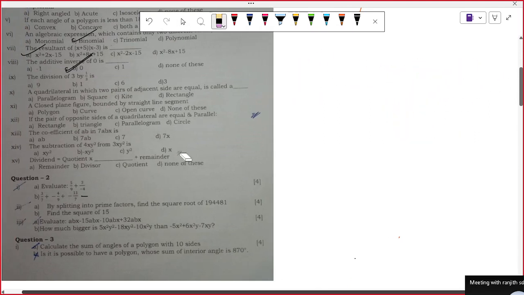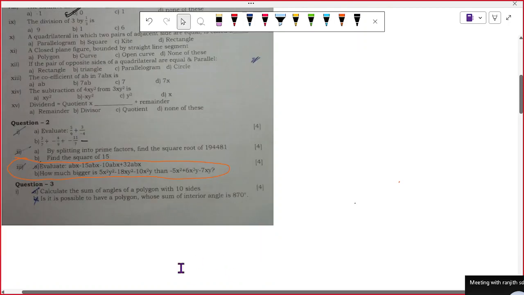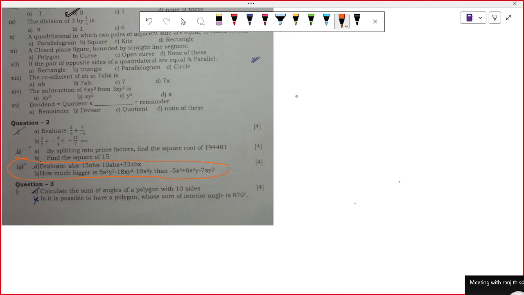Okay, evaluate. Second main, third question is from which chapter? Algebraic expression. Evaluate A, B, X. Okay, we'll skip that. Do you have that chapter for the exam? No, sir.